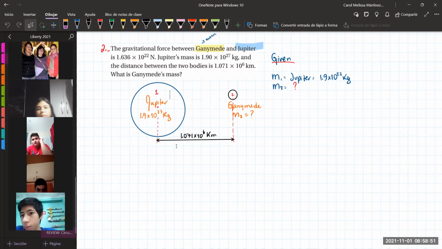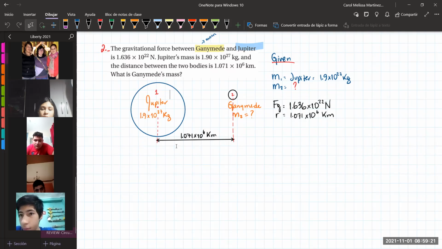I do know the gravitational force between them, 1.6 times 10 to the 22nd power Newton, and the distance between them is 1.071 times 10 to the 6th power kilometers. I don't need kilometers, I always need meters. So I'm going to do the conversion directly from the givens.